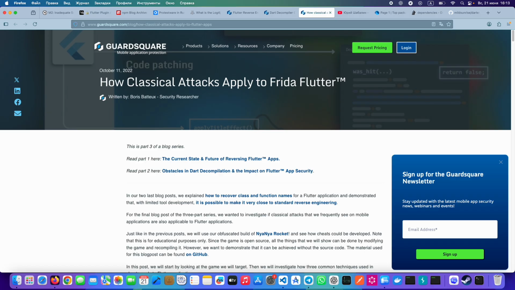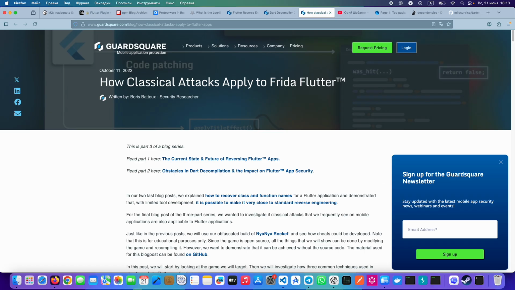It means that if you compromise only Android, the iOS was also compromised as well. Since the application was written in Flutter, Android and iOS are both equal in Flutter terms.